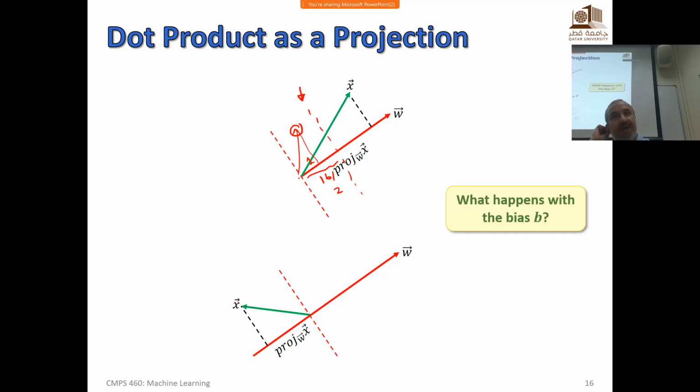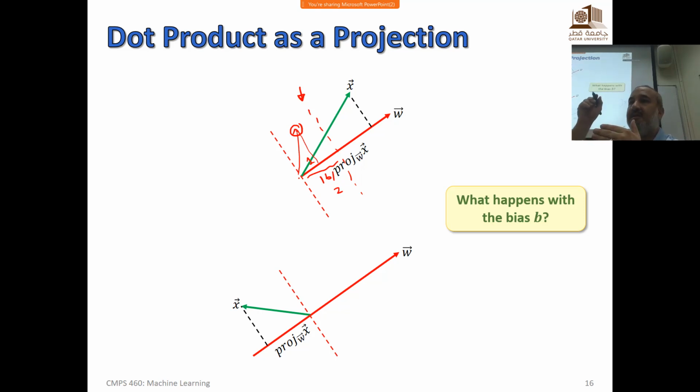Right. Now that we discussed the meaning of the dot product as a projection and also the effect of having the bias on the decision boundary, now let's see what happens when we do the update in the algorithm itself. Right? Last time we said that we will update the model when we make mistakes, right? And it was a specific formula.